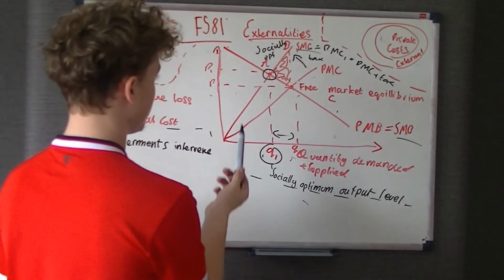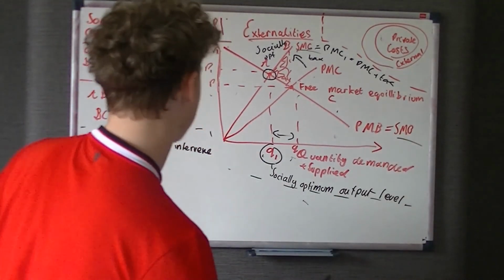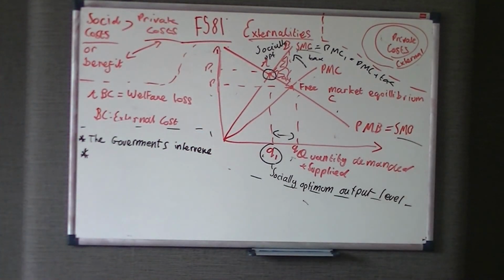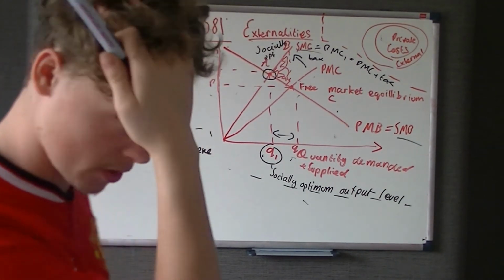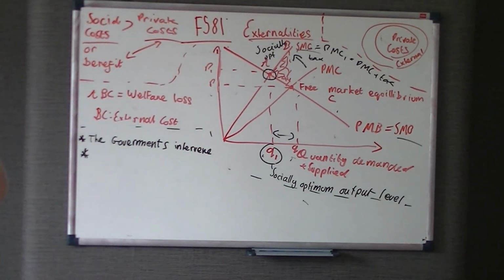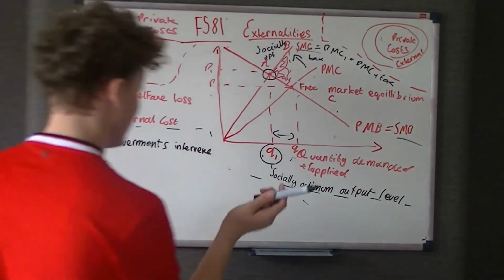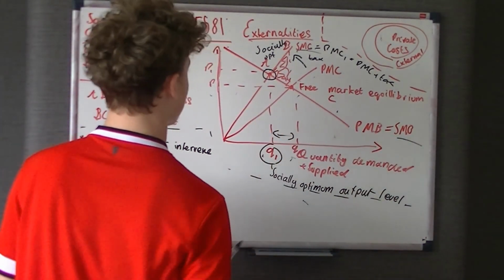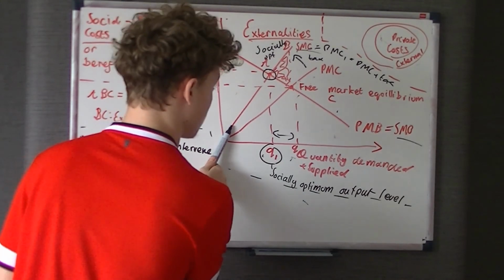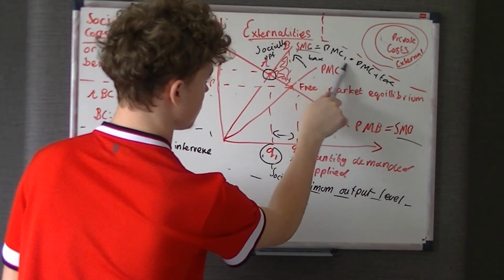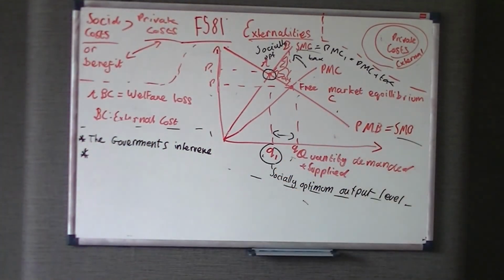Well, the PMC, private marginal cost, because we're increasing them with a tax, it increases the private marginal cost curve for firms. So you start off by saying the private marginal cost curve shifts leftwards by the amount of the tax to PMC1. PMC1 is equal to the private marginal cost curve plus the tax.